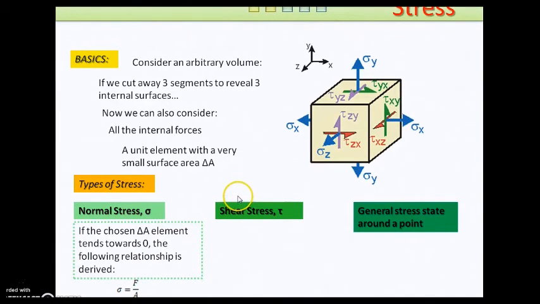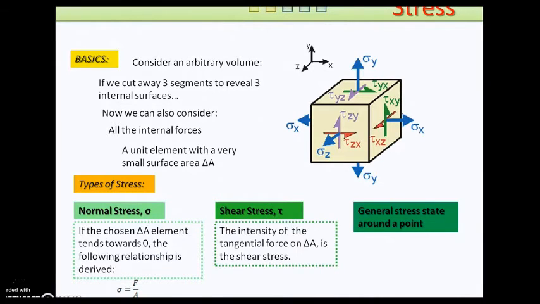Shear stress, represented by the tau symbol here, is slightly different. The main difference is that the shear stress acts along the surface of a 3D shape or the tangent of a 2D shape rather than at 90 degrees as normal stress does.